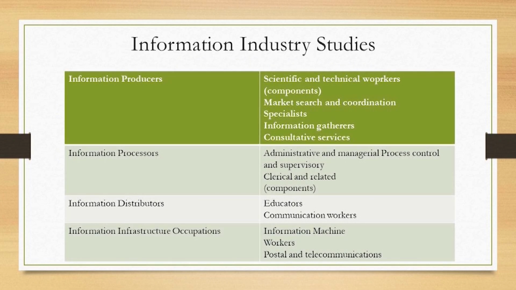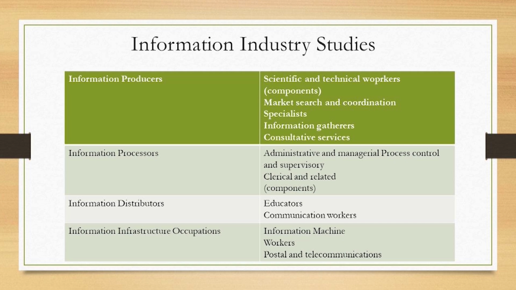When we come to the information economy, we cannot leave behind this important parameter, that is, information industry studies. And we find there are four types of information industries studies: information producers, information processors, information distributors, and information infrastructure occupations.